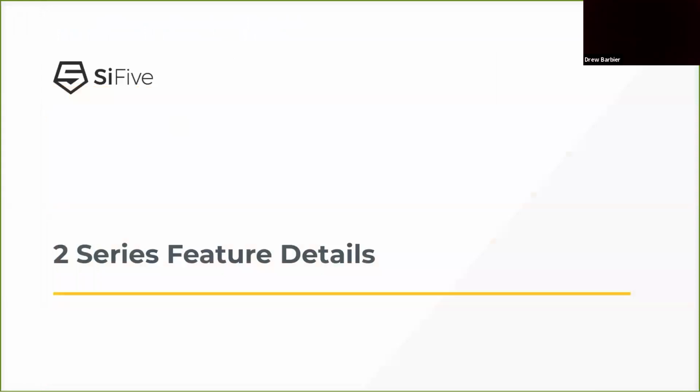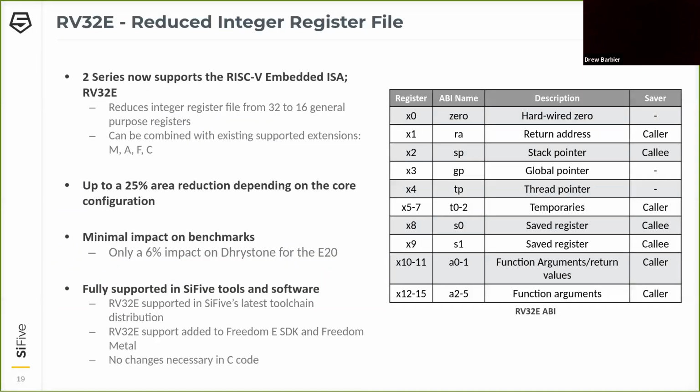So now we'll move into more detailed discussions on the 2 series features, and we'll start off with the RV32E. This is a feature that will be released in the next release of the 2 series. I mentioned earlier that the RV32E extension reduces the integer register file from 32 registers to 16.